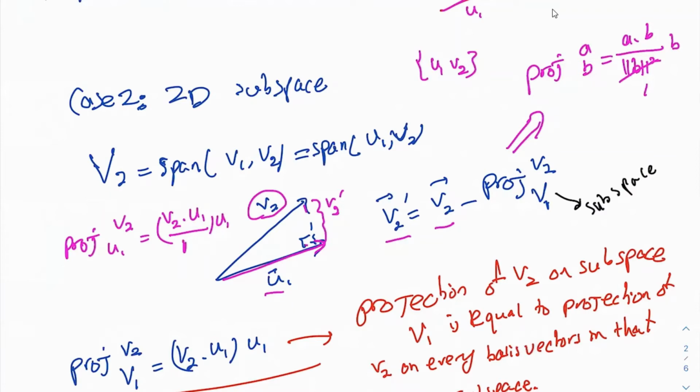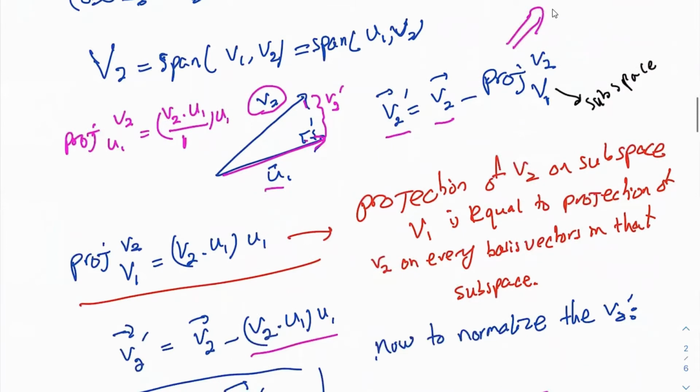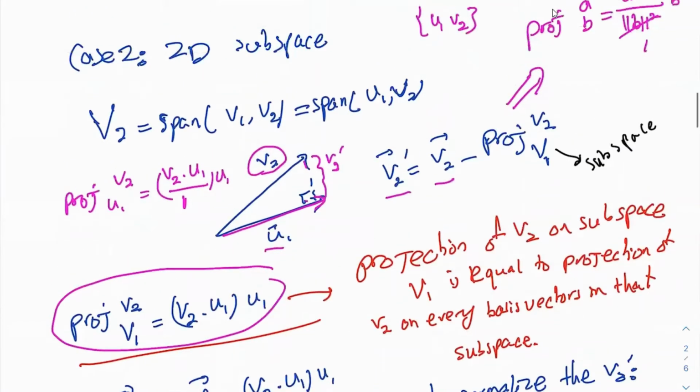So if you are projecting a vector on a subspace, this means that you are projecting it on every single basis in that subspace. The only basis for the subspace V1 is U1, right? That's what I just defined here. So for convenience you can change this one to the projection of V2 on U1. Okay, very good. So now I have U1 and U2 that are orthonormal sets.